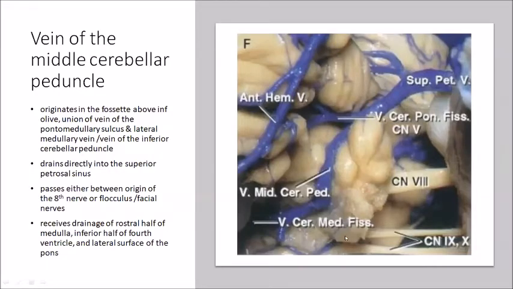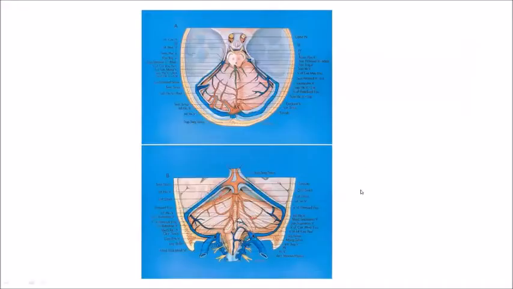This is a dissection of a supracerebellar approach in which the cerebellum has been removed to expose the deep parts of the cerebellum. This is just an overview, a schematic diagram in which the tentorial surface has been exposed.